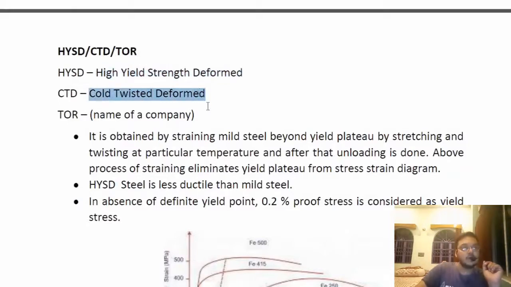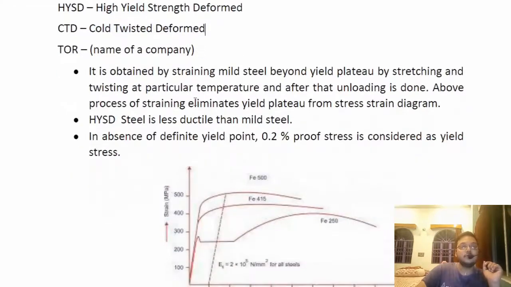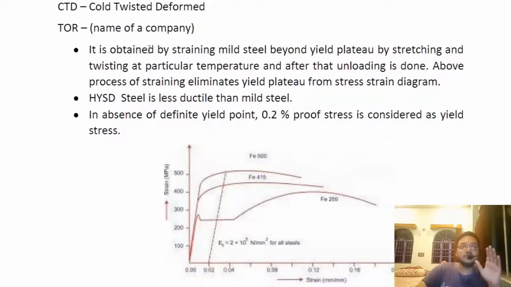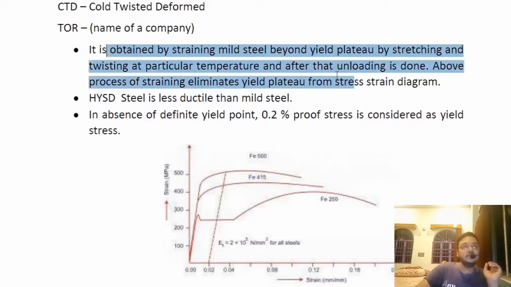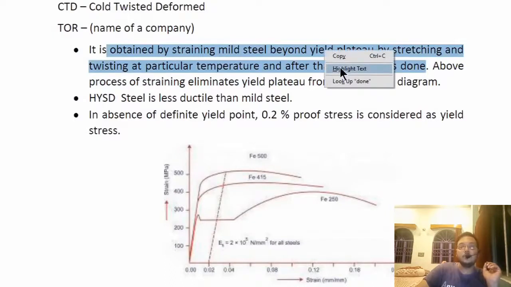HYSD stands for high yield strength deformed, CTD stands for cold twisted deformed, and TOR is actually the name of a company. It is obtained by straining the mild steel beyond the yield plateau by stretching and twisting at a particular temperature, and after that the unloading is done.